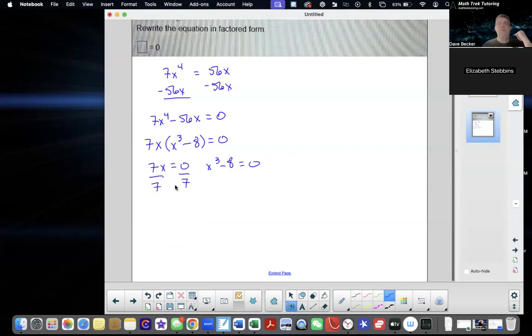Divide by 7. 0 divided by 7 is 0. We're going to add 8. X cubed equals 8.